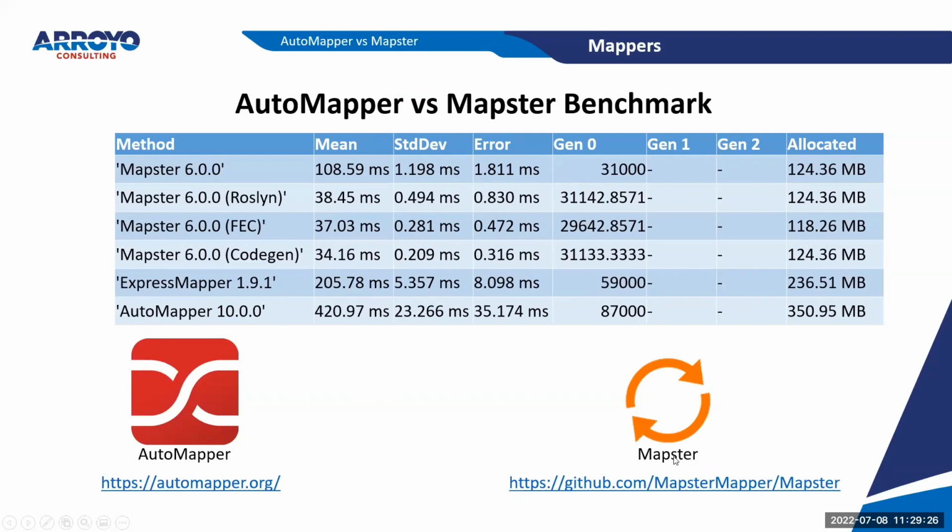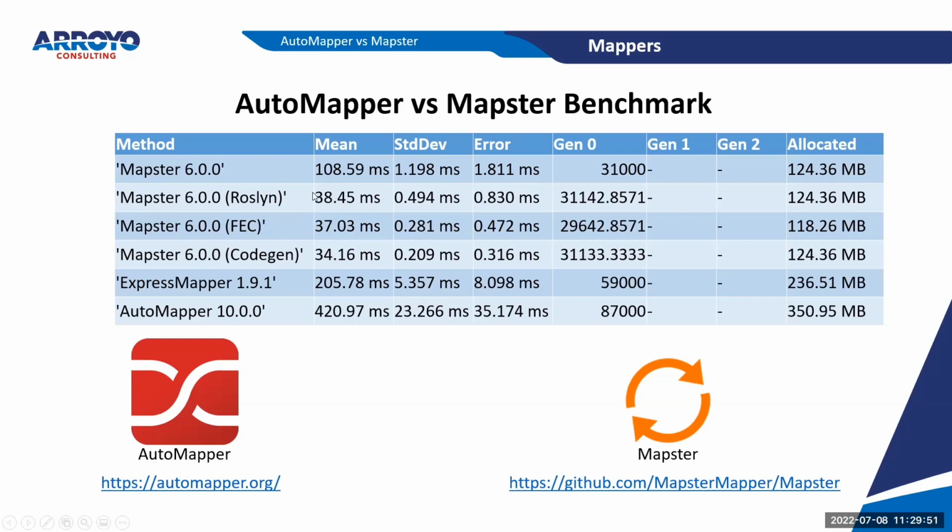This is a free library. As you can see, compared with the other mappers, it is more or less 3 to 6 times faster than the others.